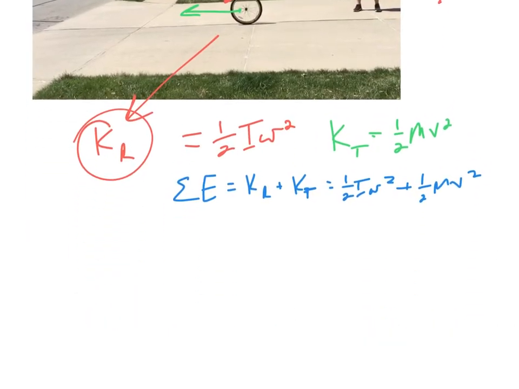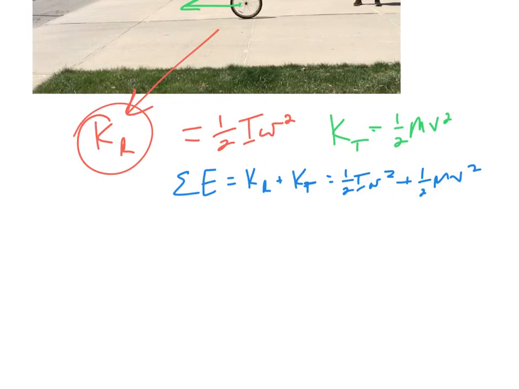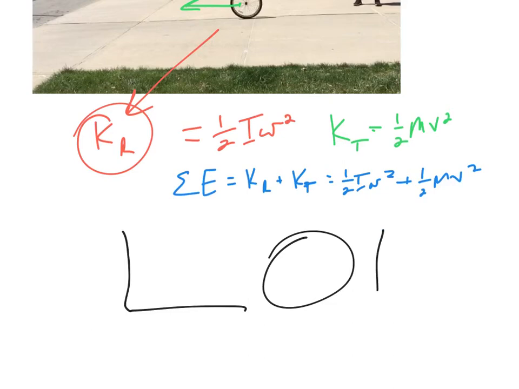Or if I were to make energy charts, I might include terms for not just general kinetic energy, but rotational kinetic energy, translational kinetic energy, as well as things like gravitational potential energy, potential energy of a spring, etc.